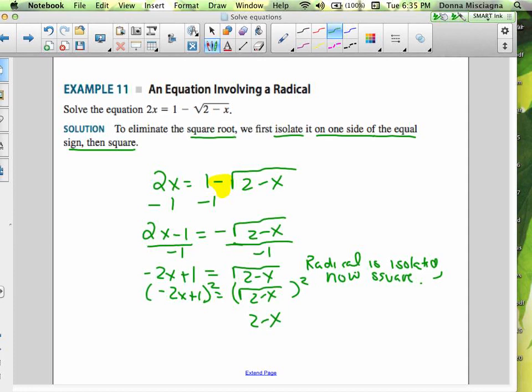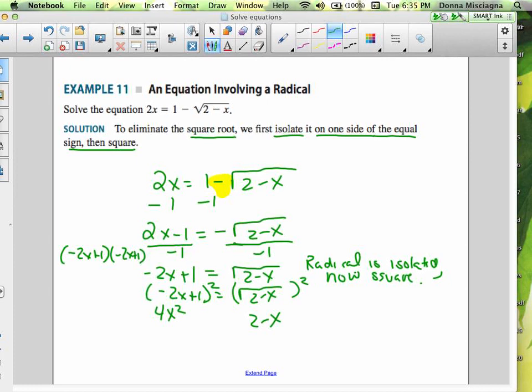All right, and then if you remember the pattern, this is the same as negative 2x plus 1 times negative 2x plus 1. So the first one's going to be squared, so that's going to be a positive 4x squared, because you've got a negative 2x times a negative 2x, because when we're squaring, we're multiplying something by itself.